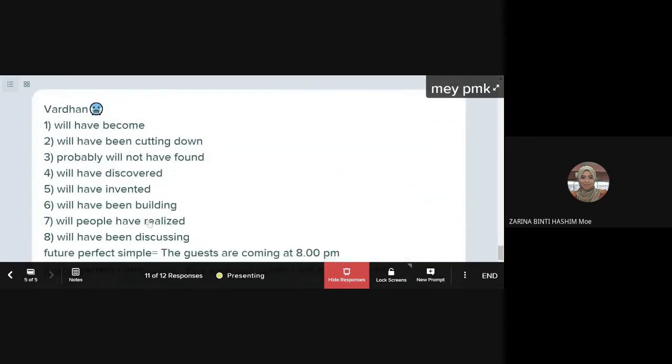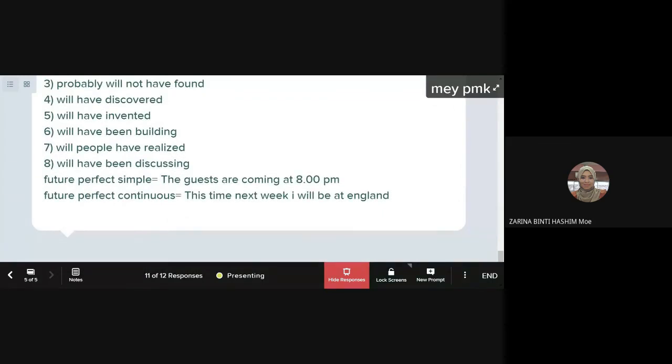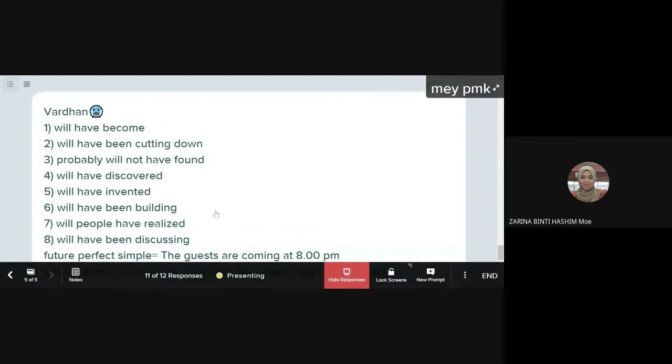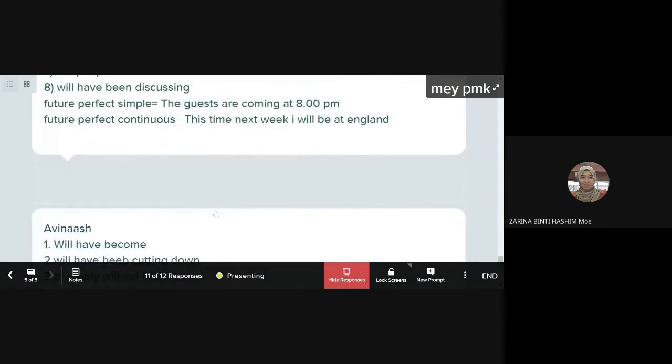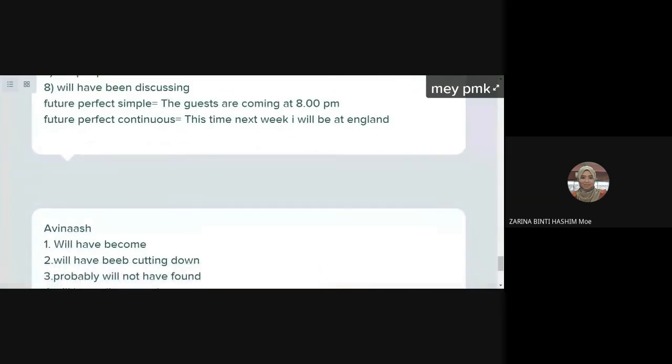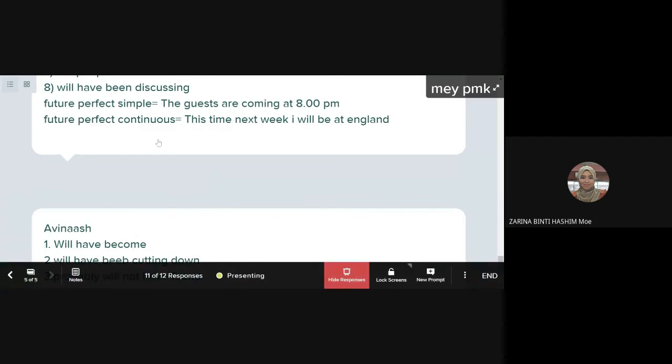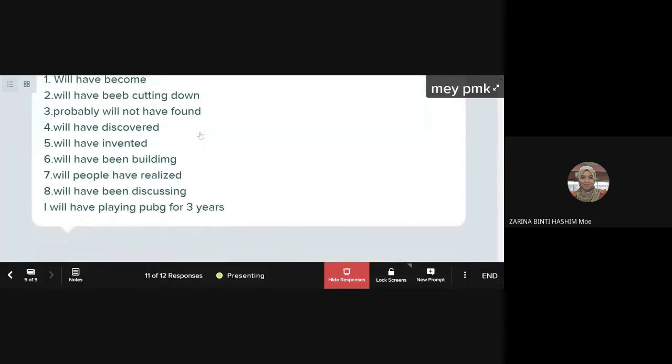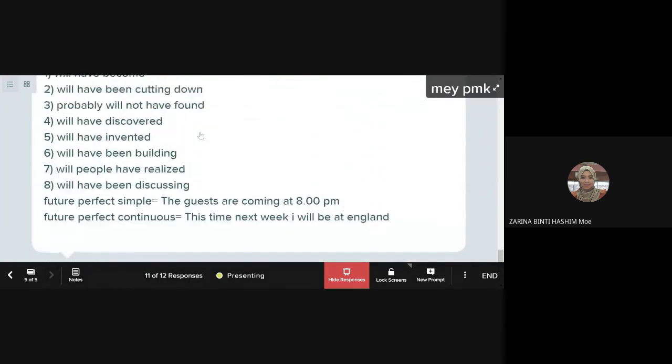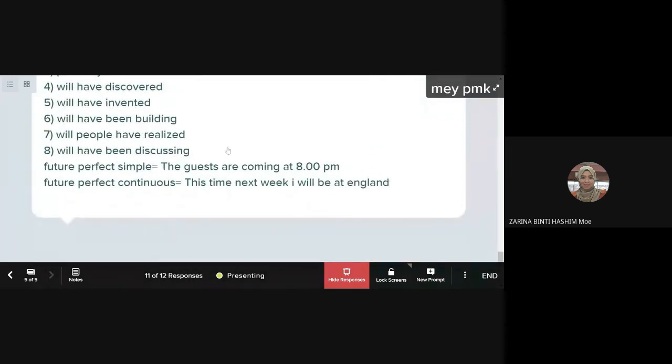Varden, you are not constructing the sentences according to the future perfect simple and also continuous. Look at the example given by your friends. The one that we did before is not it.